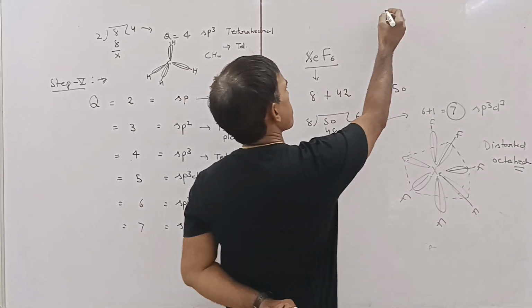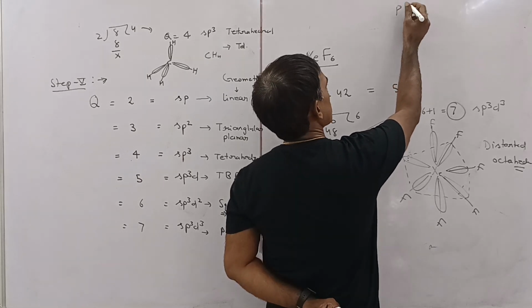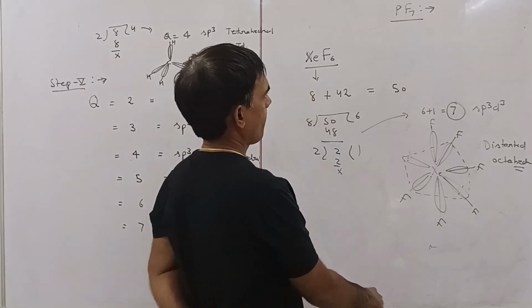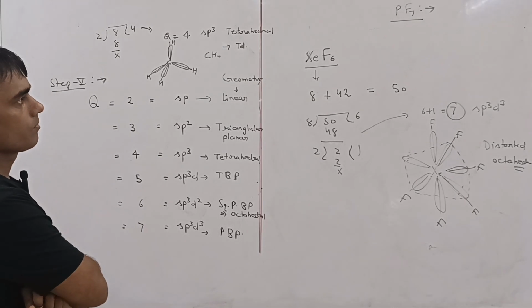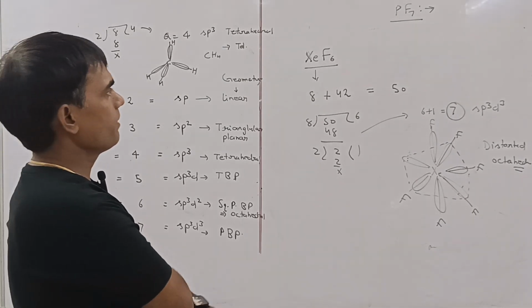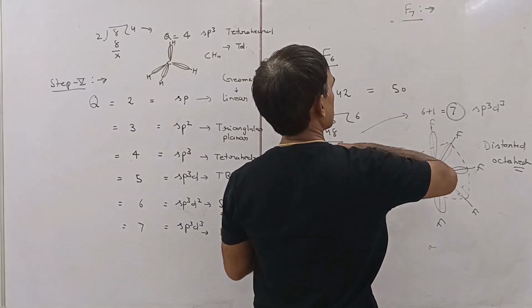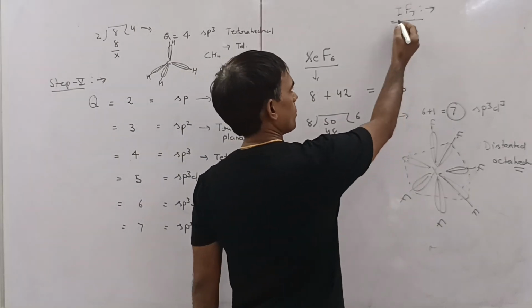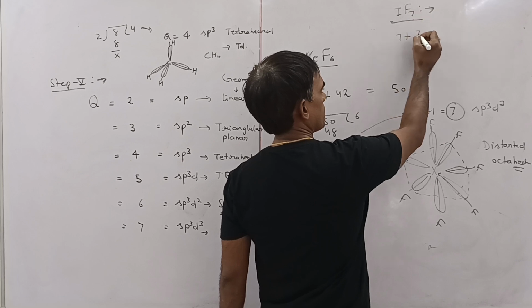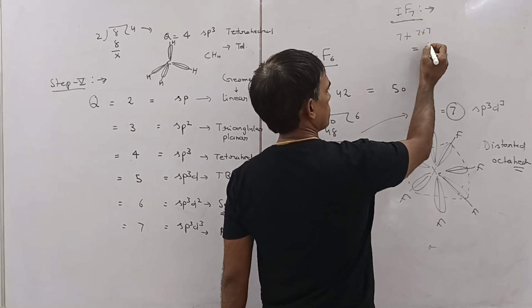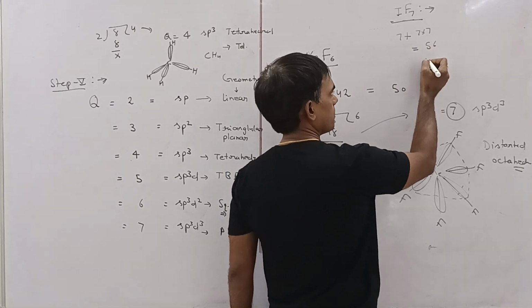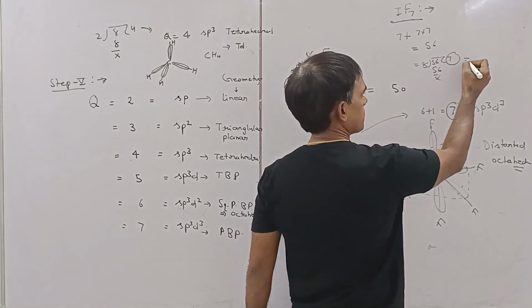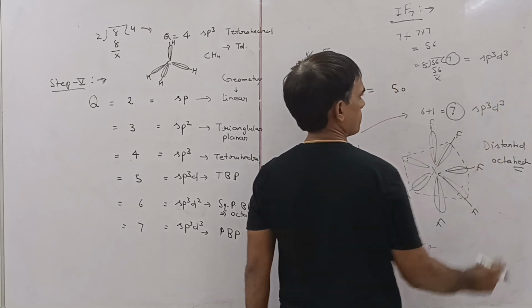No, PF7 is not an existing molecule. You can take IF7, this can exist. Iodine 7 plus fluorine 7 times 7, so it comes out 56. Now it is greater than 8, so divide it by 8. The quotient is 7. So the hybridization is sp3d3.